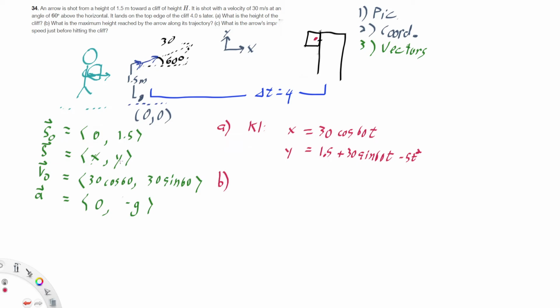That's our y here. What part B is asking? Suppose the arrow does a trajectory like this, right, and it hits the target on the way down. What's the height up here? At the very top of the arc. That's when we assume that the velocity is 0 in the y component, right?